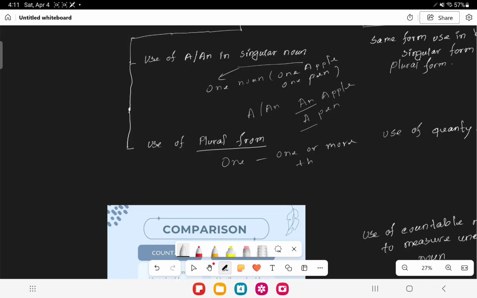So when we use a singular noun, we simply write it like this, apple. But when we are using a plural form like 10 apples, we don't write apple only, we add s, apples.